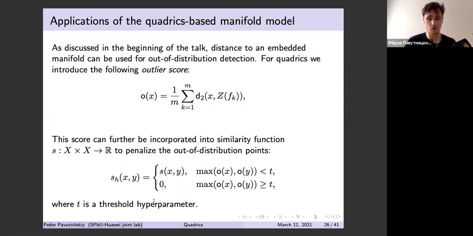You choose some threshold parameter, and if your outlier scores are lower than this parameter, then you assume that your points x and y are normal, in-distribution points, and the similarity between them is just your normal similarity. But if you find that one of the points is an outlier, you just set the similarity equal to 0, right? You don't want to consider these points at all. This anomalous point is different from all other points.